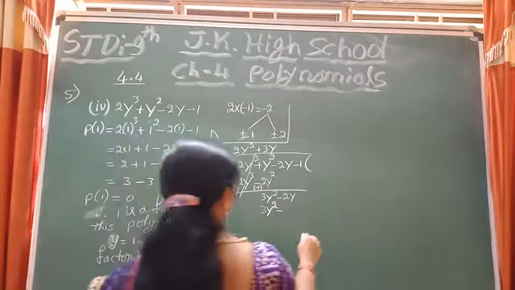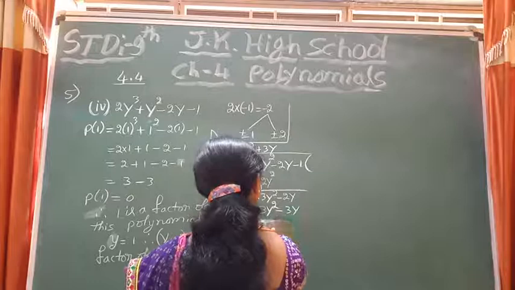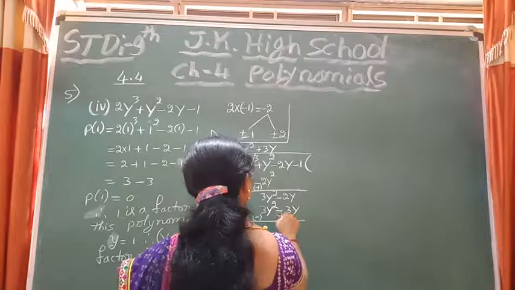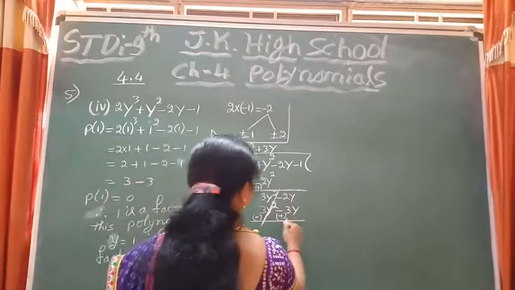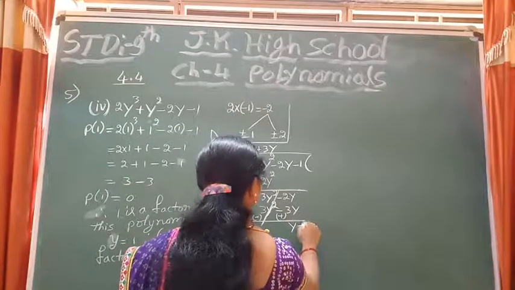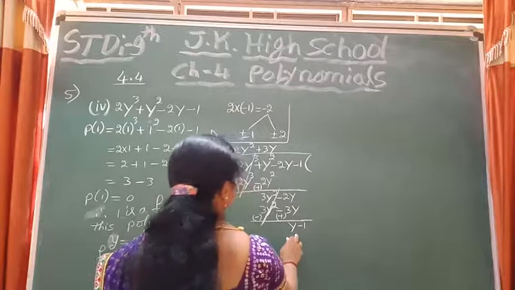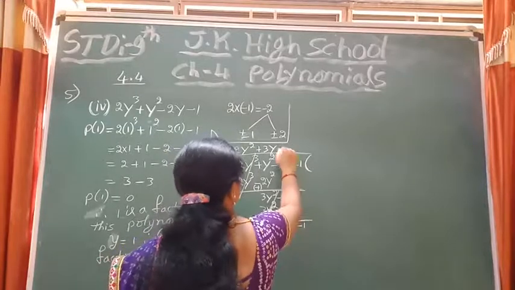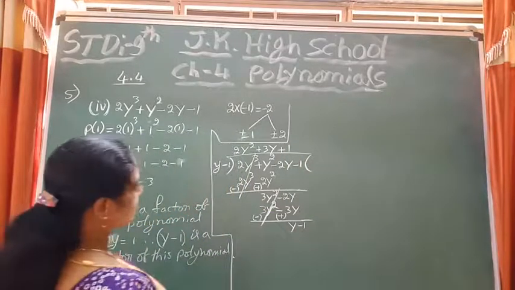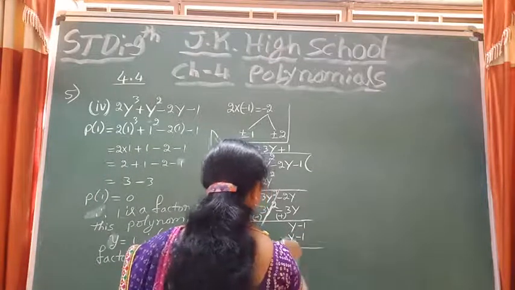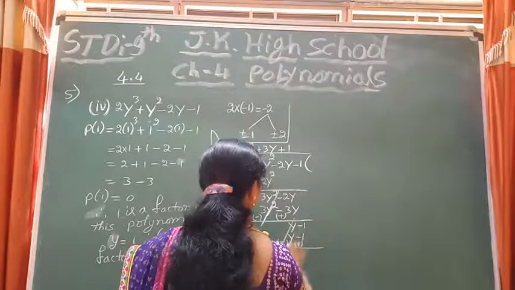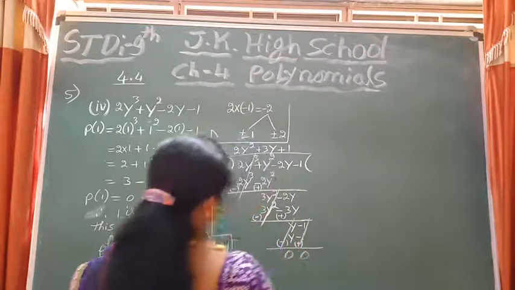Then 3y ones are 3y, change the sign, then this term will get cancelled, minus 2y plus 3y is plus 1y, minus 1. The y will get cancelled, so 1 only remains, plus 1 is the quotient. Then y minus 1 only it becomes, change the sign, so then you will get remainder 0.